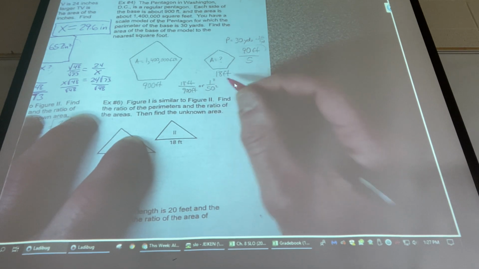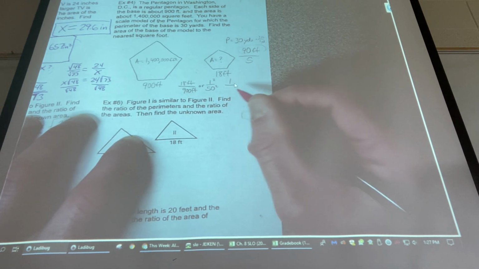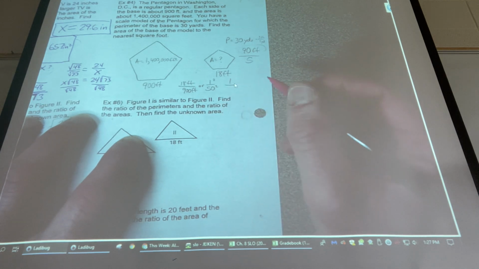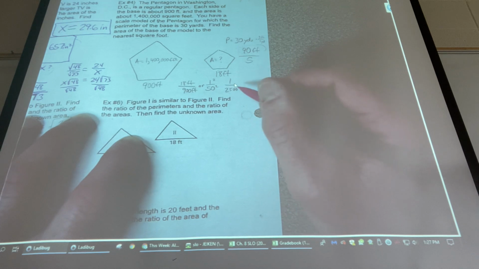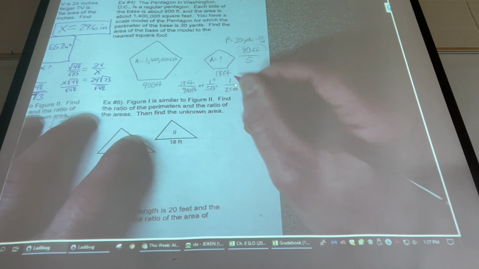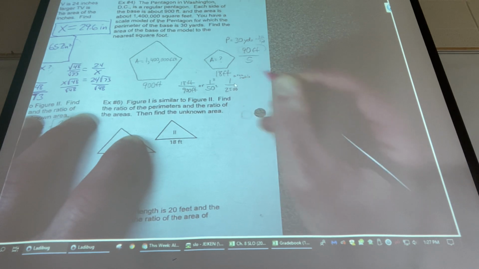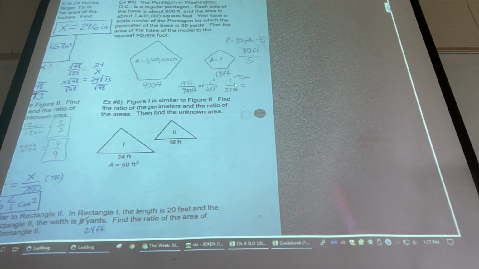What's 1 squared? What's 50 squared? 2,500. So now, this is the area ratio, isn't it? And we can use the area ratio to set up a proportion.